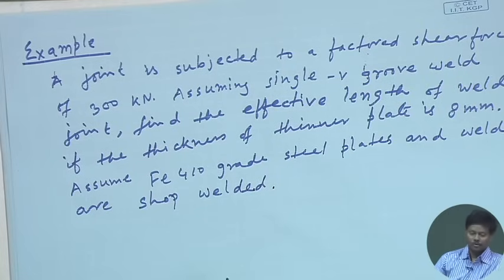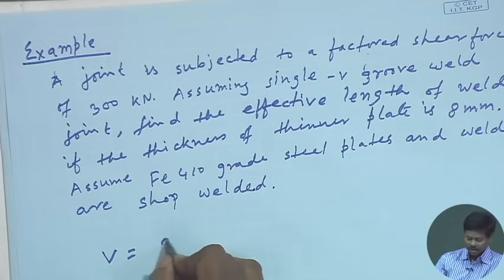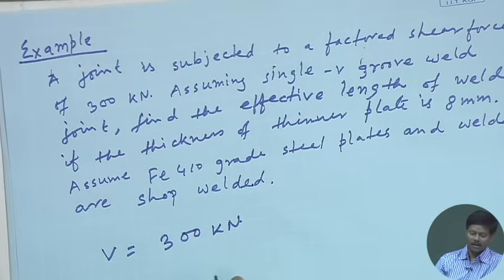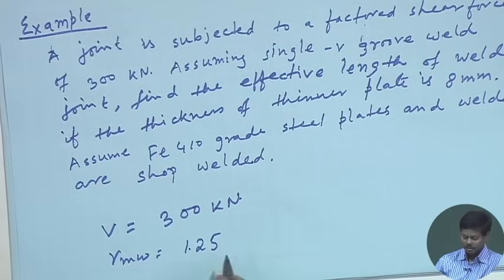Right. So, this is a joint where shear force V is coming, means V will be 300 kilonewton, and here gamma mw will be basically 1.25 because of shop weld.